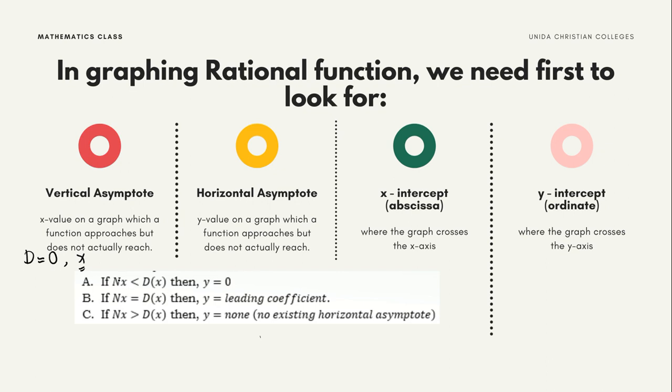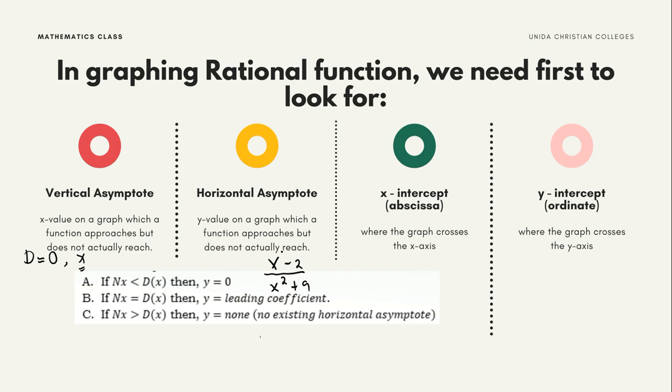Meaning, if the degree or the exponent of your numerator is less than the denominator, then automatically your y will be equal to 0. For example, let's have x minus 2 over x squared plus 9.